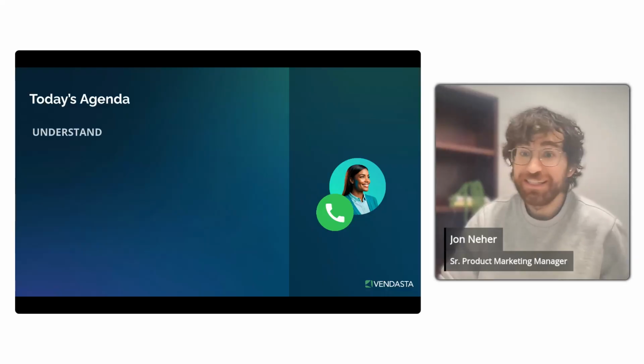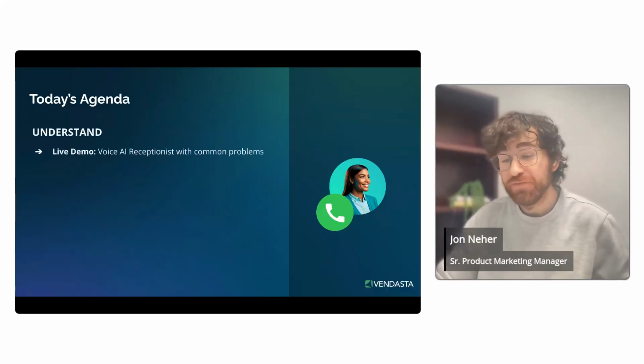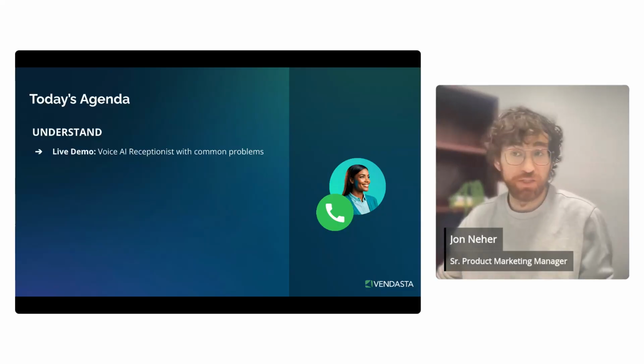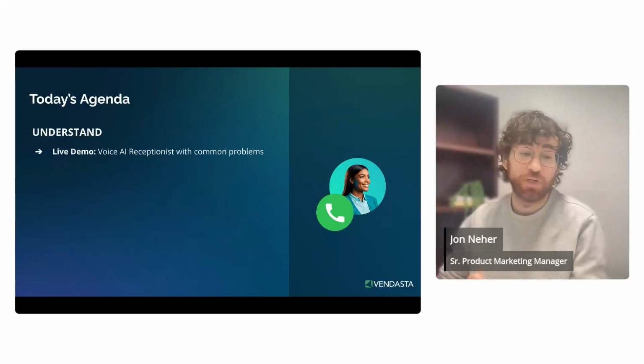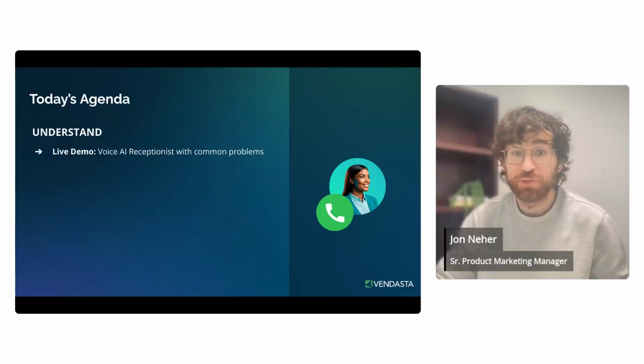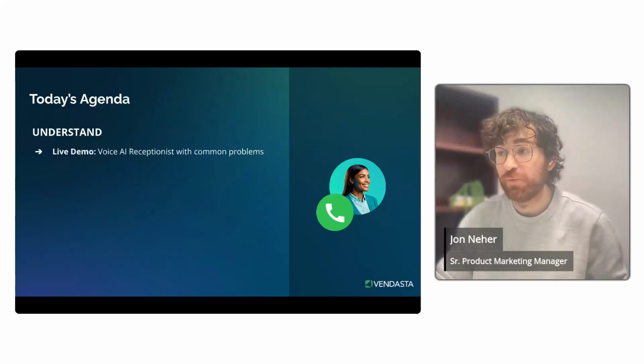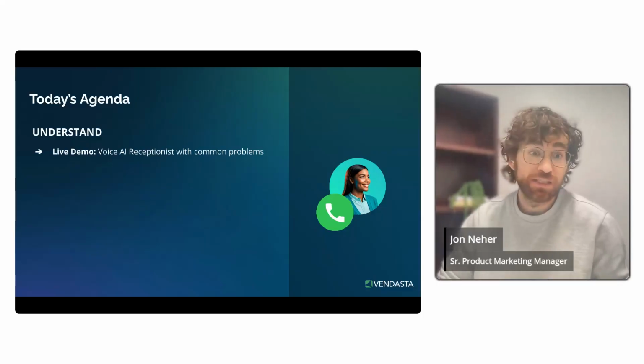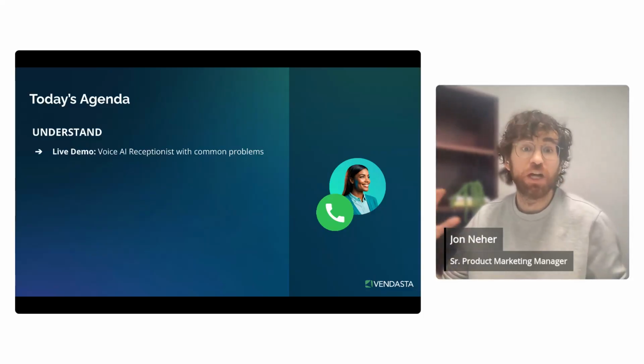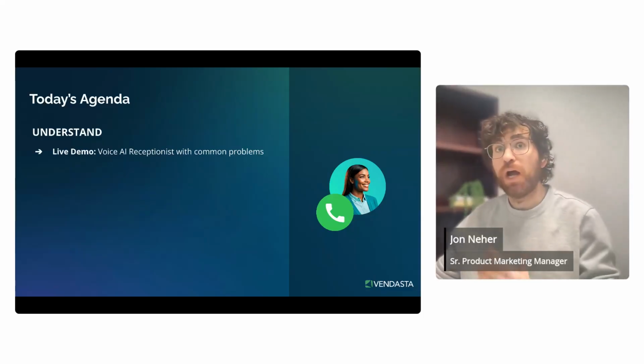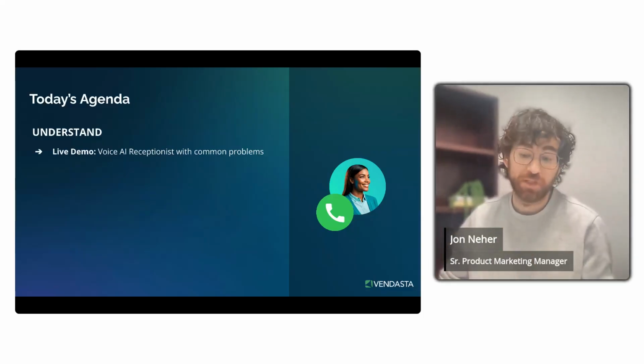So on today's agenda, we're going to have a live demo of one of our partners. Thanks very much to Tim from Hidden Ninja Marketing, who's let me work with his voice AI receptionist. And we're going to look at some of the common problems that come from how we do our prompts and how to solve some of those problems.